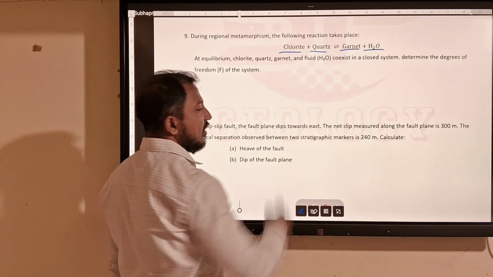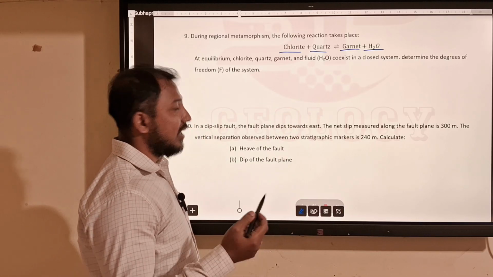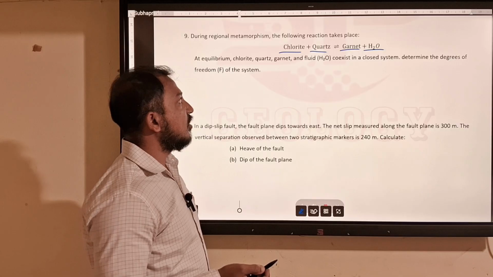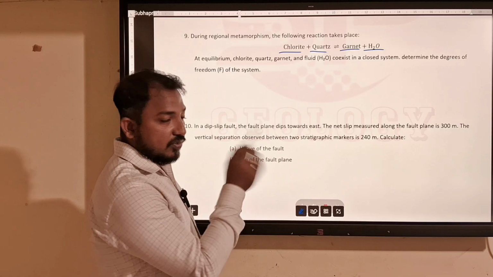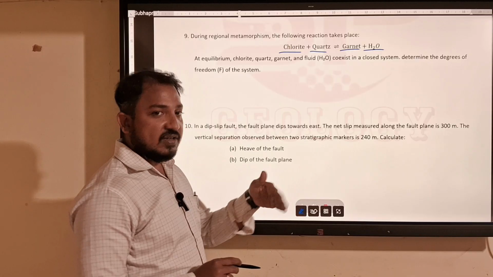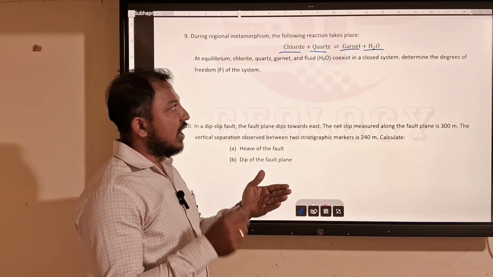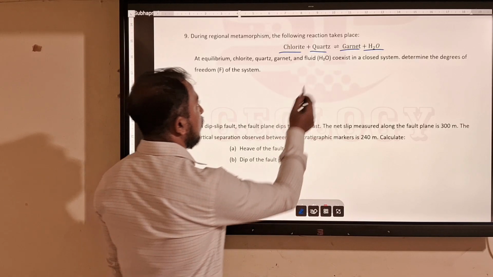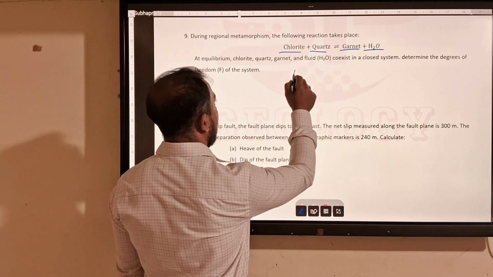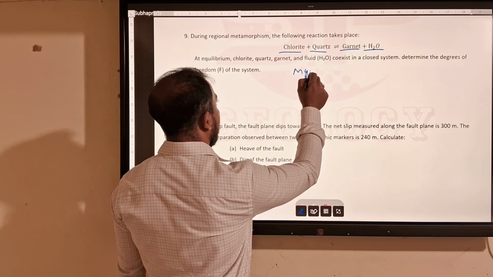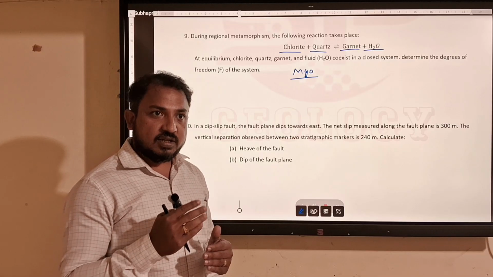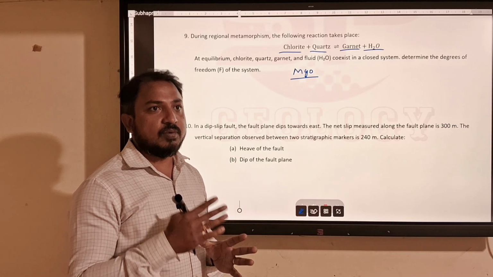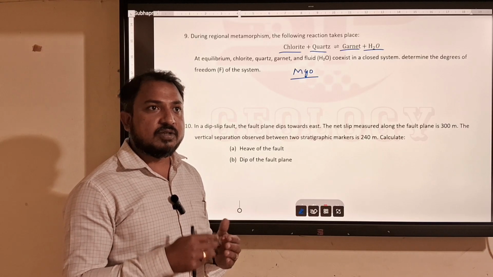Chlorite has MgO, which is an oxide in chlorite. Then chlorite has SiO2, which also defines quartz. Garnet also has MgO and SiO2. So for the components, we'll take MgO or FeO or MnO, all considered as a single component, to reduce the number of components.